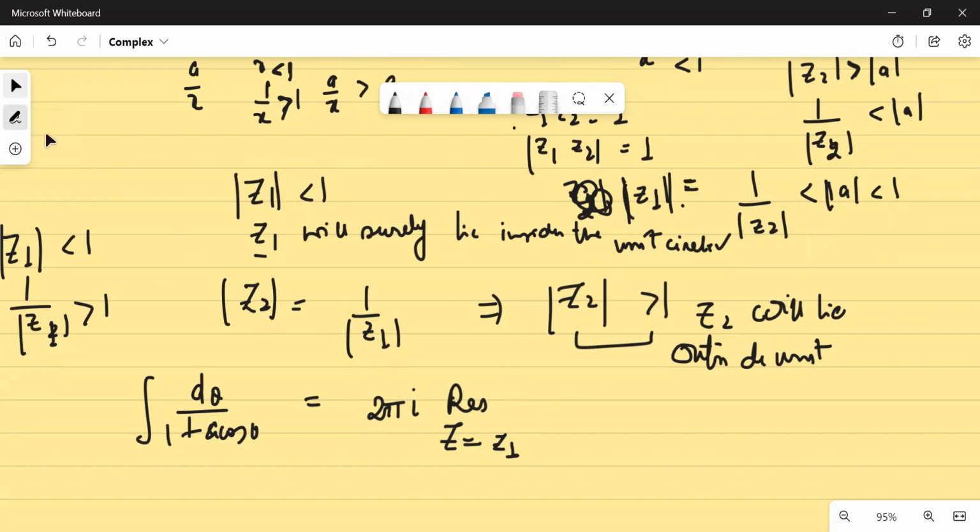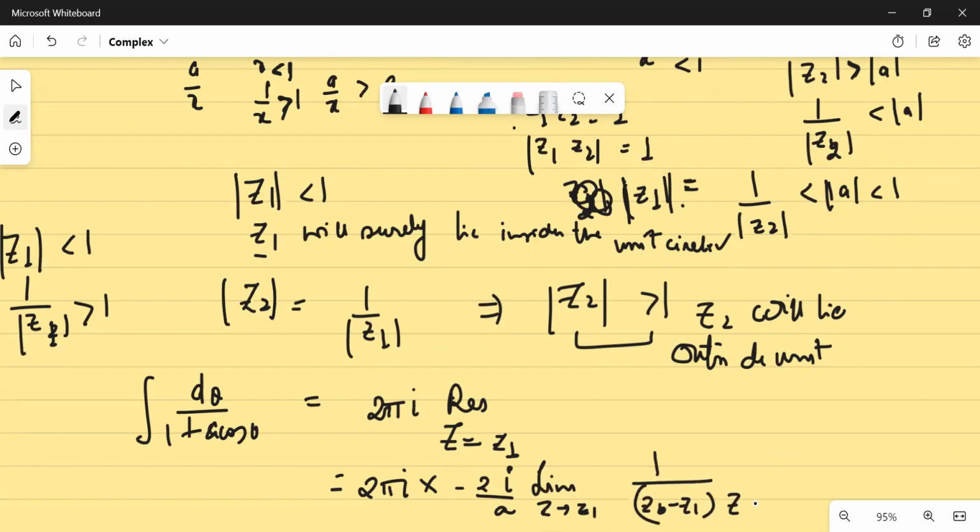Yes, sir. And it is equals to, I will write 2 pi iota, if I'm not wrong, it was minus 2 iota upon a, limit z tends to z1, 1 upon z minus z1 into z minus z2, and यहाँ पे क्या आएगा?